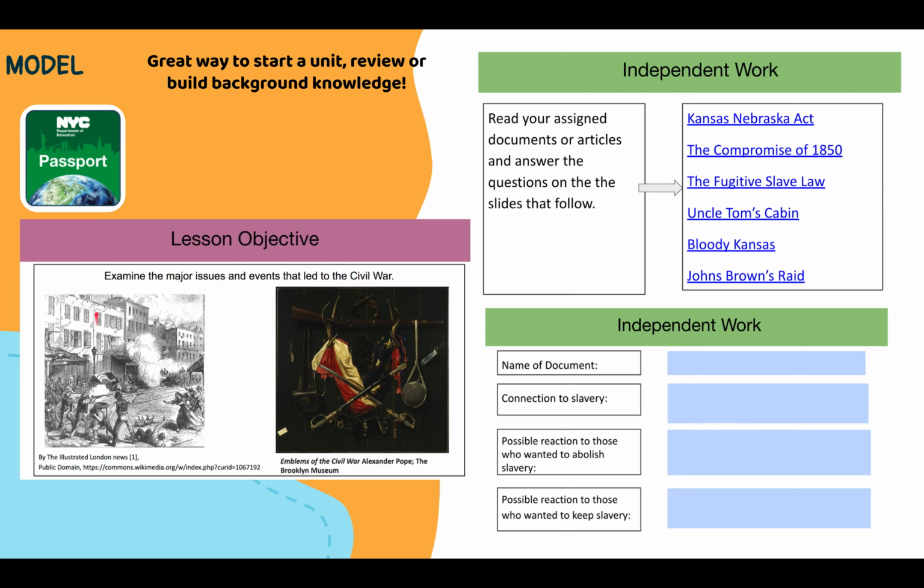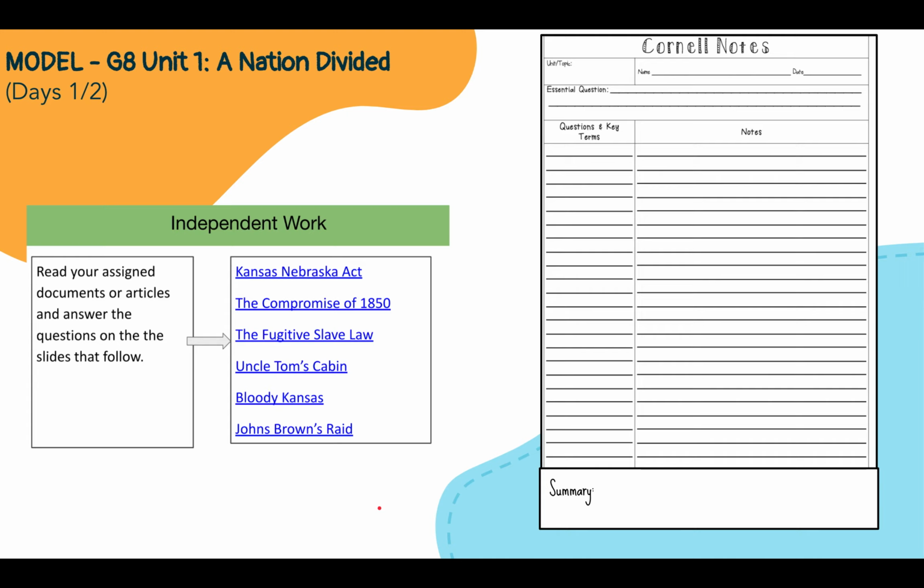We are asked with examining the major issues and events that led to the Civil War. But in order to answer that big question, we need to analyze and understand these resources. So in Unit 1, Days 1 and 2, titled A Nation Divided, we're going to use one of these resources, the Kansas-Nebraska Act, a portion of it, to show you what this looks like when we're actually using the Cornell Notes strategy.